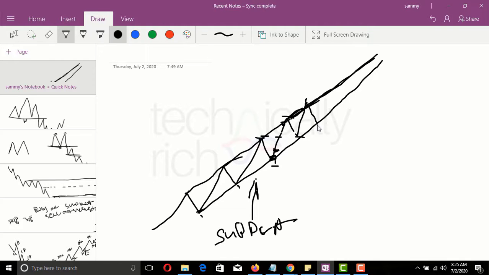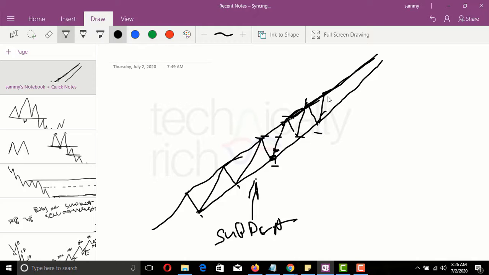Once the market shows you that it has found support here again, you wait for the market to confirm that, then you buy, then stop loss, and your take profit is going to be before it gets to this upper trend line. Okay, so quickly let's see an example.